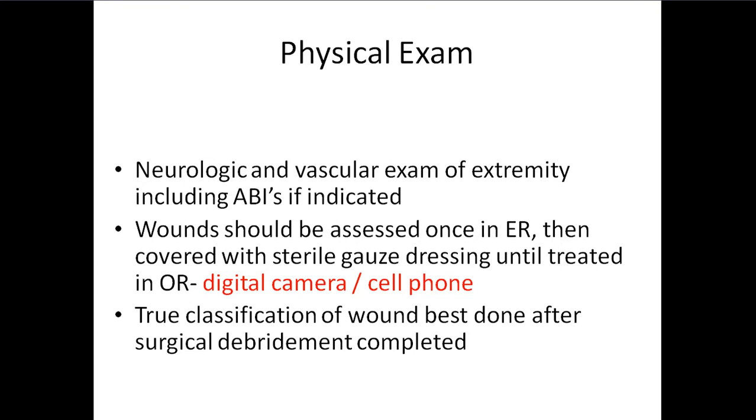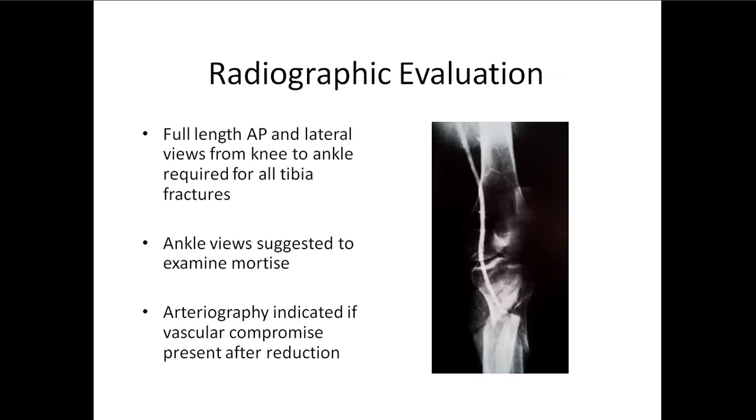True classification of a wound is best done after surgical debridement is completed. Before that, you see whether it fits Gustilo 1, 2, 3 or what, then debride. After debridement you will come to know how many bone pieces are gone, how many loose fragments are washed out, how much gap there is in the bone, and how much bone loss there is.